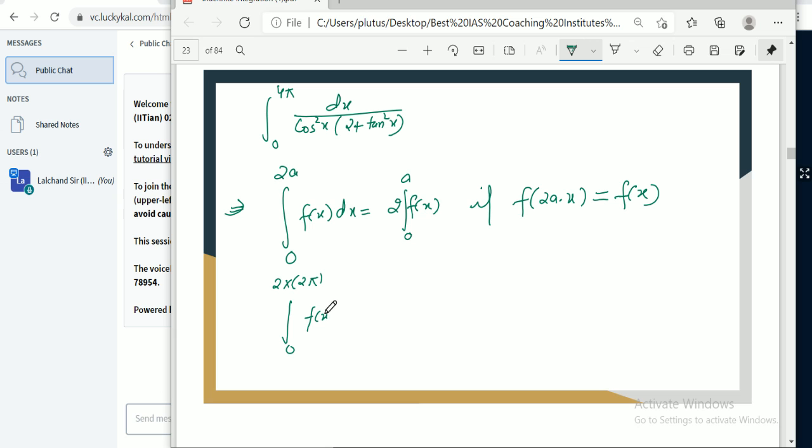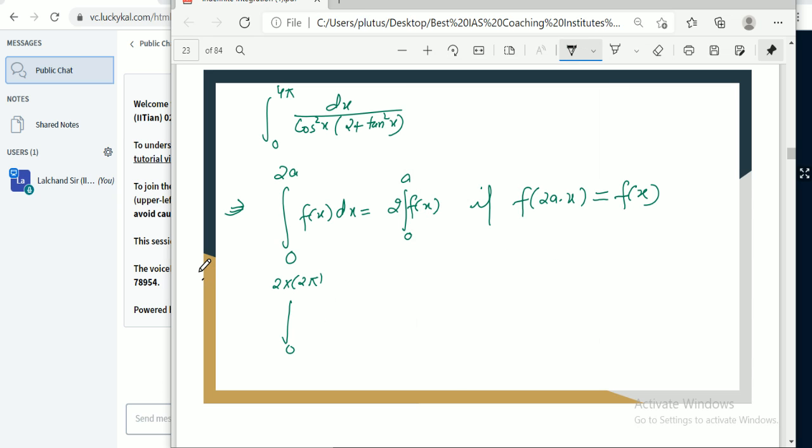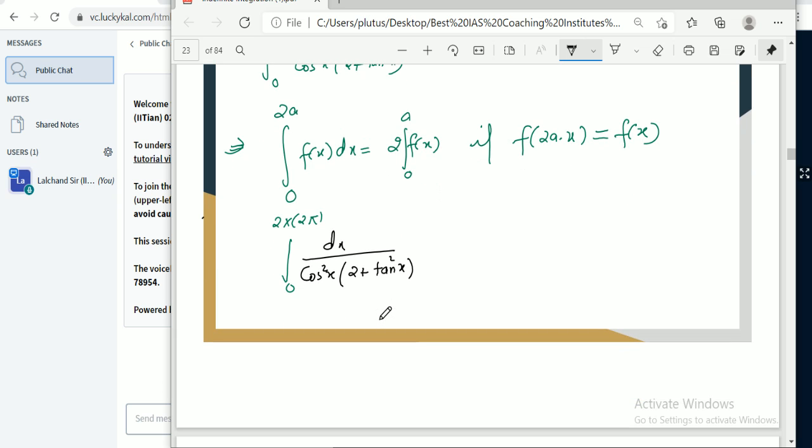So what is the value of f(x) here? f(x) is 1 upon cos square x into 2 plus tan square x. Okay, this is the value of f(x). If we apply this property, let us check f of 4 pi minus x is equal to f(x), and this is also equal to f(x).